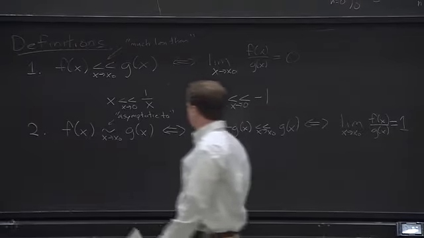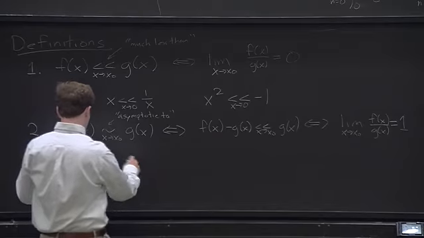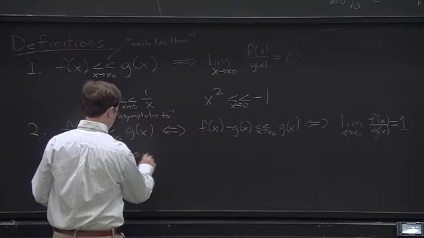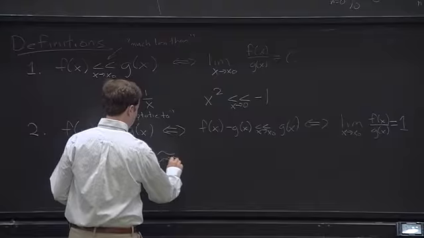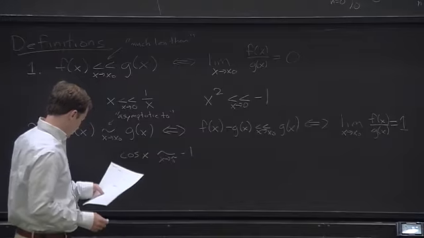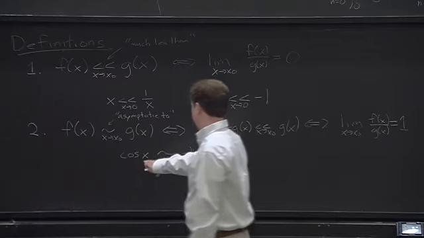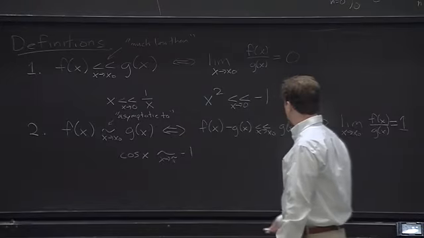So some examples. Cosine of x as x goes to pi is asymptotic to -1. So cosine of x just approaches -1 as x goes to pi.